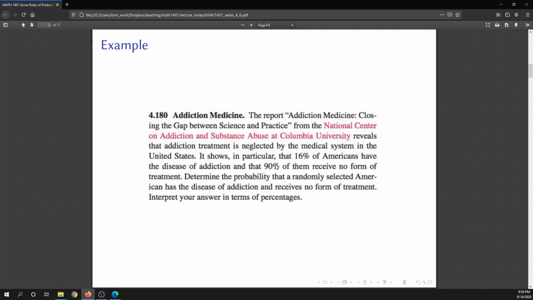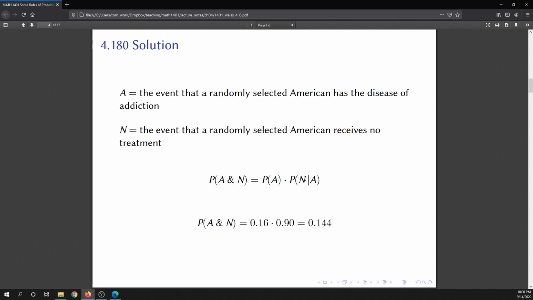It says 90% of those Americans who are addicted receive no form of treatment. So if I randomly select an American who suffers from the disease of addiction, the probability is 90%, or 0.9, that they receive no form of treatment. And that's this conditional probability right here.